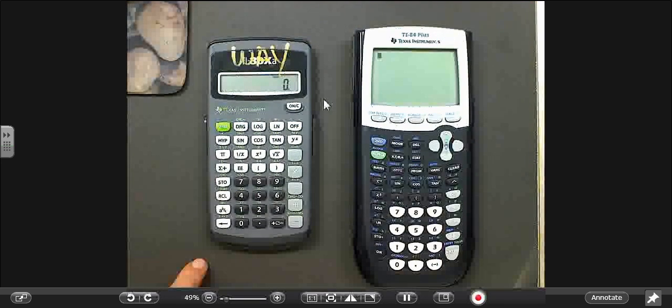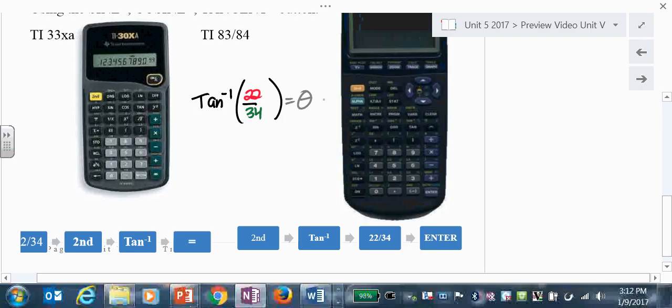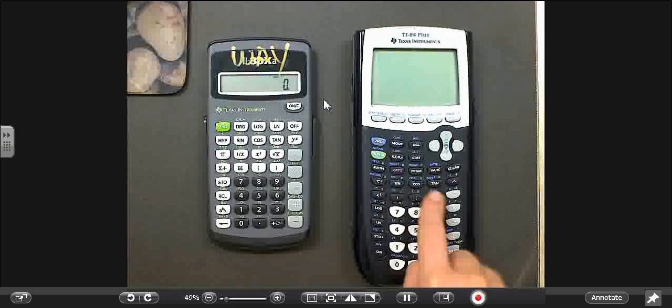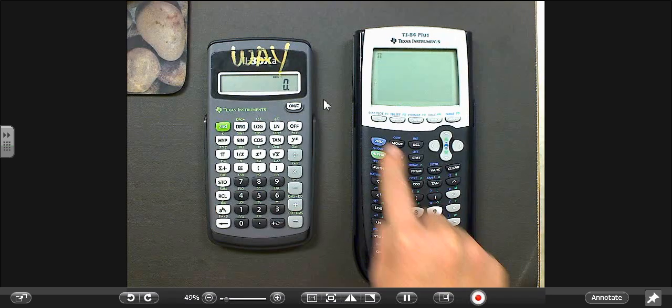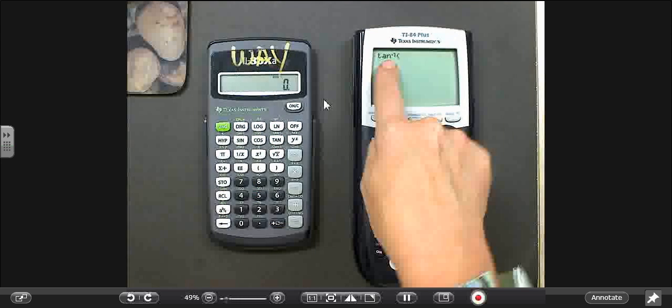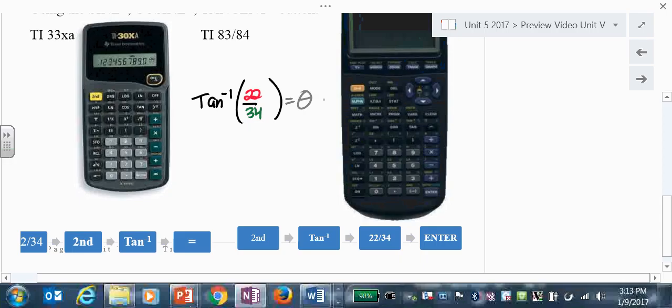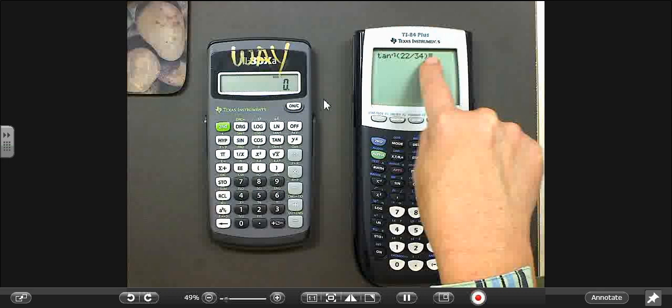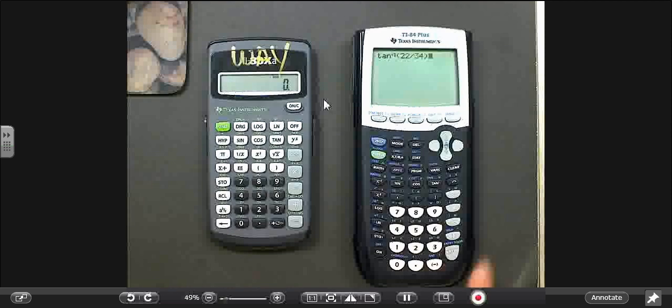Again, it is inverse tangent 22 divided by 34 to get the angle. We're going to do the large calculator first. The way you get inverse tangent is you do second function tangent. Notice the -1. 22 divided by 34. Close it up. Enter.